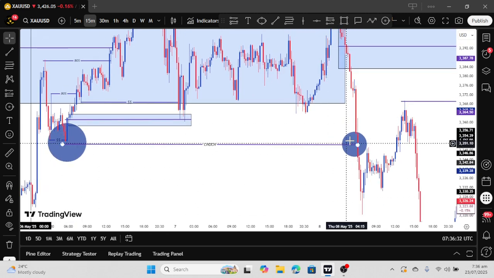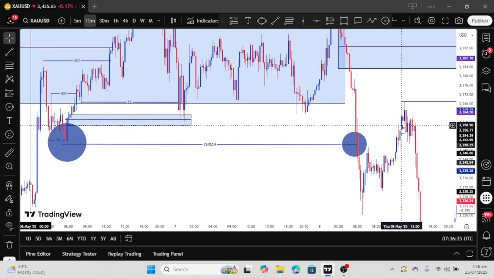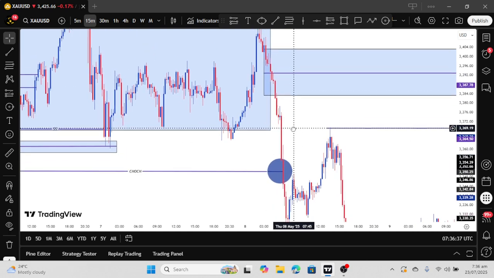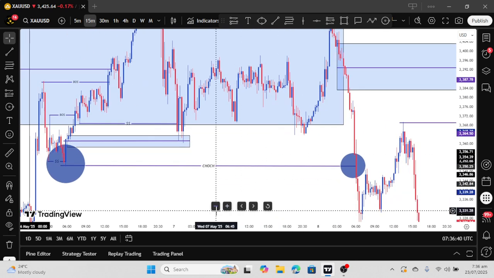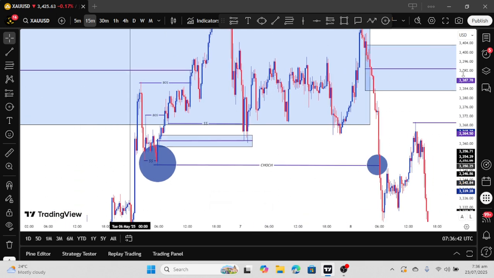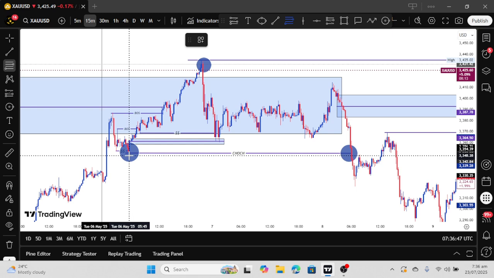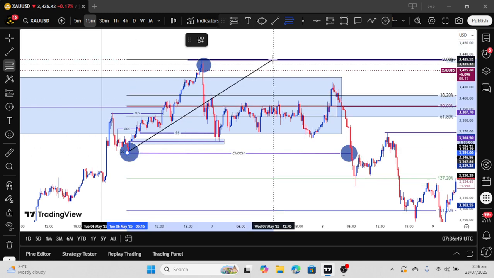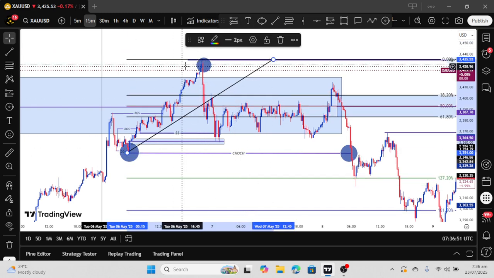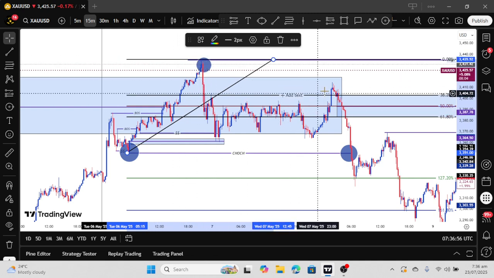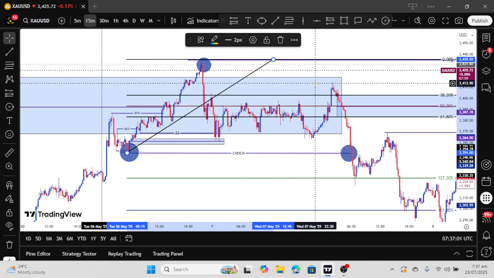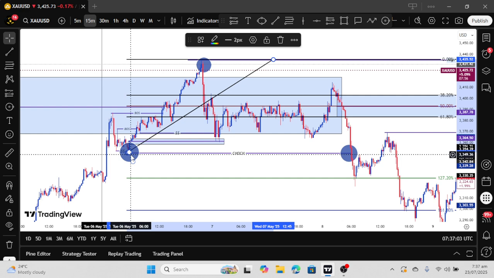After the break, I have to use my Fibonacci retracement to plot from that particular low to the high, which is this point here. This is my protected high. Once this high is taken out, that's the continuation of trend. And once this low is taken out, that's the change of character, the reversal, the change of trend.